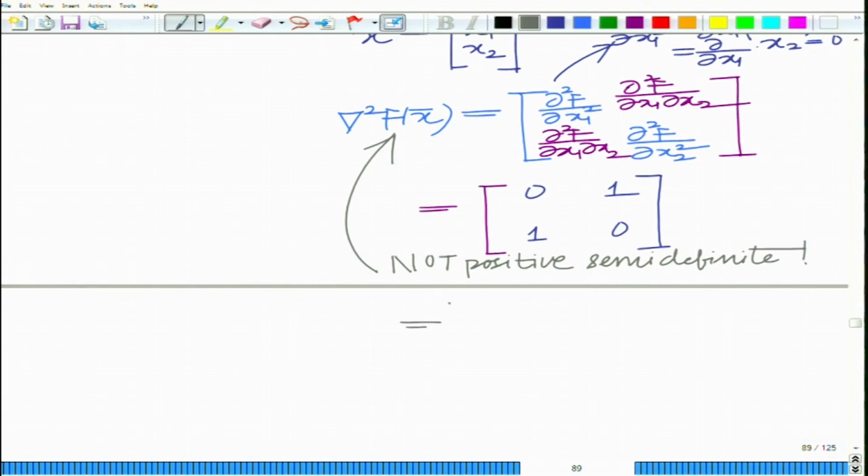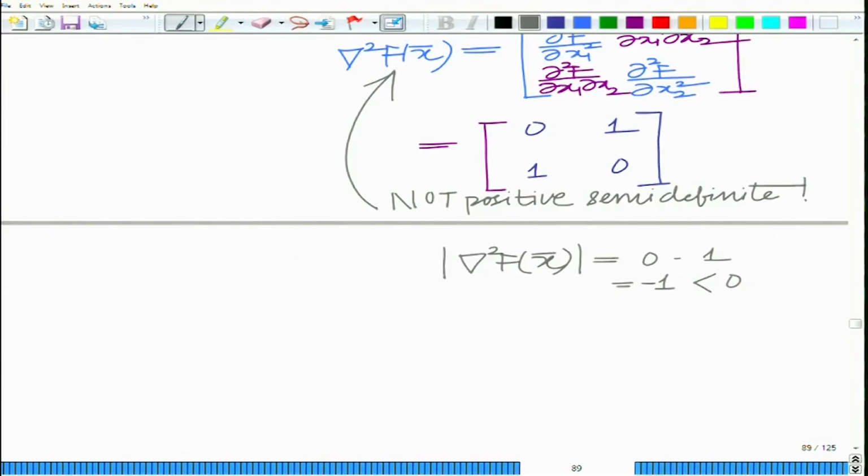In fact, if you look at the determinant of this, this is 0 minus 1 equals minus 1, this is negative. Okay. So, the determinant is negative. Remember, the determinant of a positive semi-definite matrix has to be a positive quantity, because the determinant is a product of the eigenvalues. All of these eigenvalues are non-negative, therefore, the determinant has to be greater than or equal to 0 for a positive semi-definite matrix.